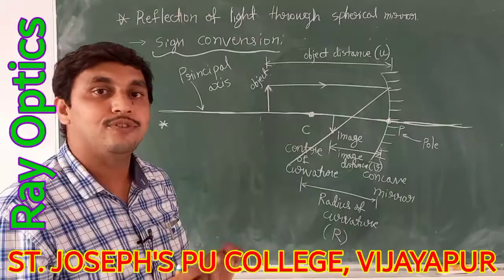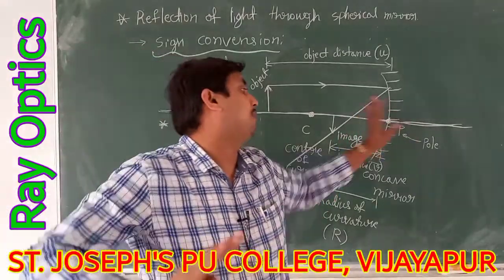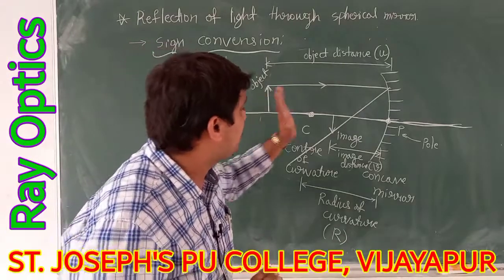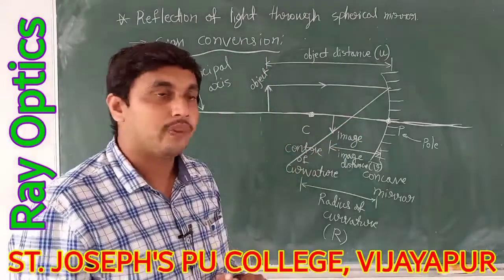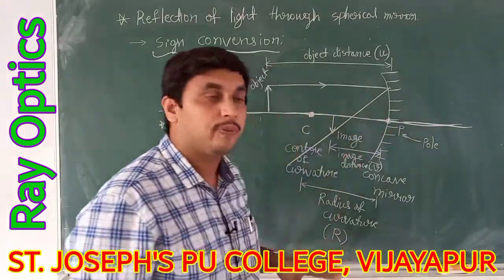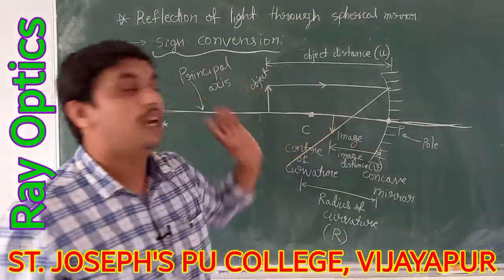For example, to measure the image distance, we should not measure from the image point to the pole, we have to measure from the pole to the image.